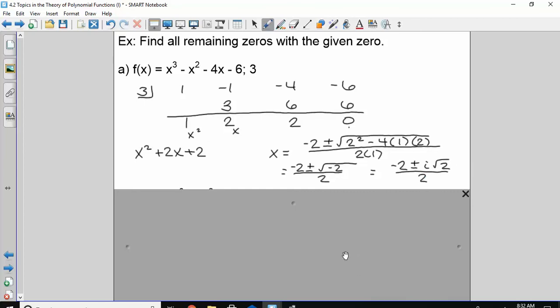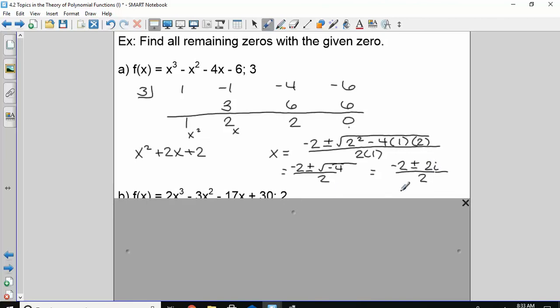Okay, hold on, that was 4 minus 8, wasn't it? That should be a 4 right there, I skipped a step. Got ahead of myself. That's a -4, so the square root of -4 would be 2i. So then if I divide them both by 2, we get -1 plus or minus i.